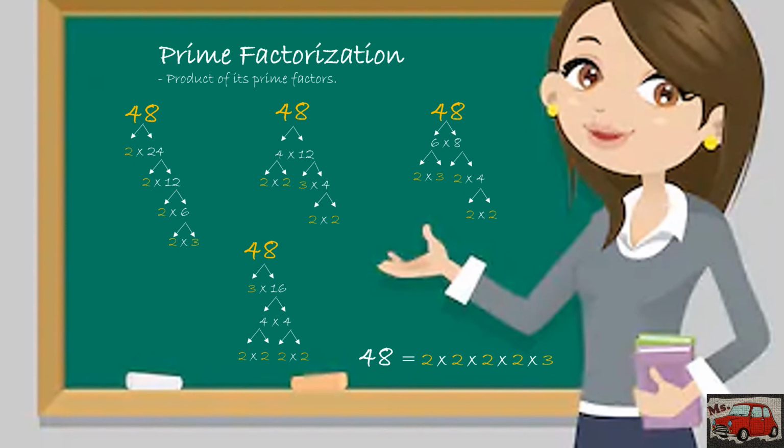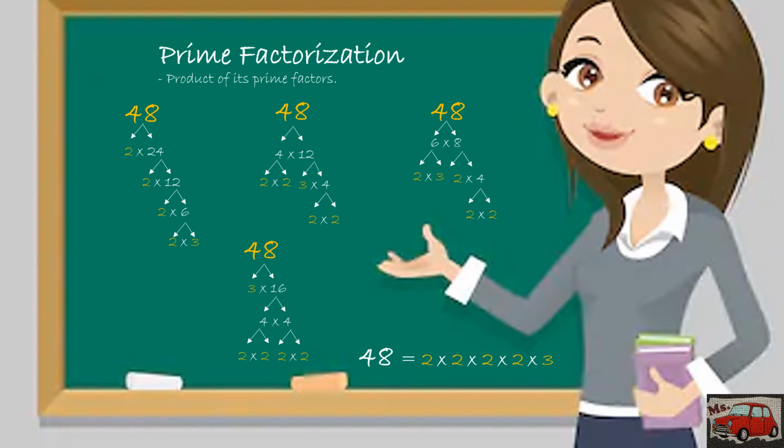Meron tayong 2 times 2 para sa isang 4, and then 2 times 2 para dun sa isang 4. So, magiging same lang din yung factors na nakuha natin. Okay? So, yes, you can experiment, you can do your own way how to do prime factorization, basta same yung mga prime numbers na makukuha natin sa dulo.